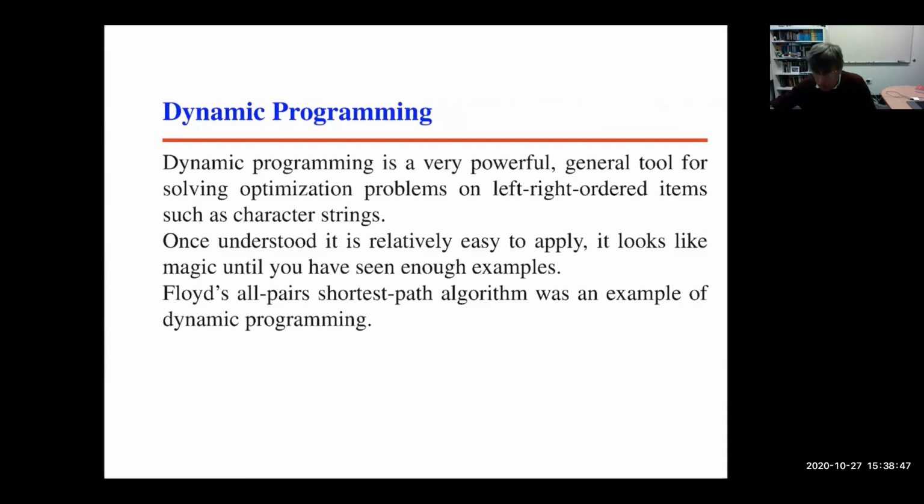Dynamic programming is an optimization technique that is very, very useful for things that have an inherent left to right order on the items. Now, what things have left to right order on the items? Character strings, the letters appear in a particular left-right order. So character strings have a left-right order.